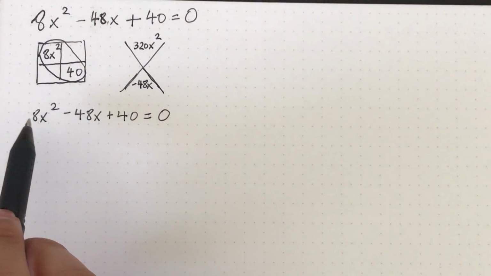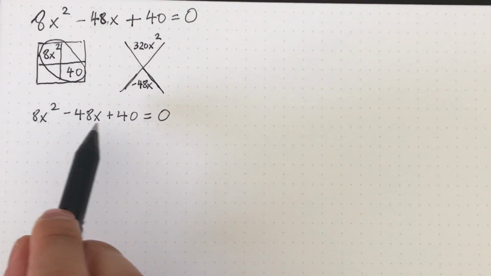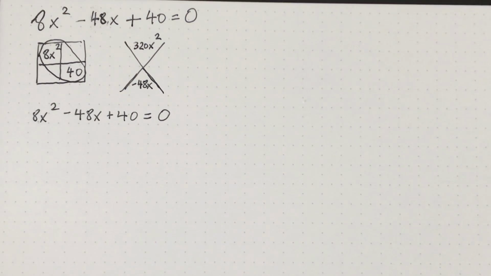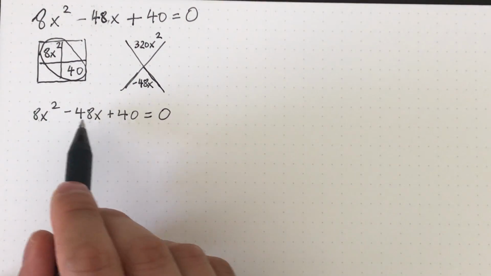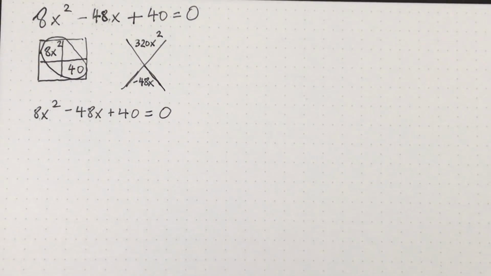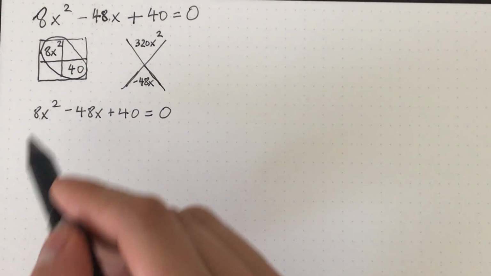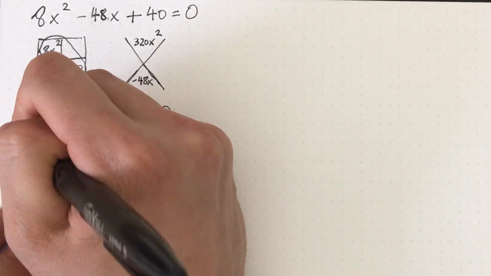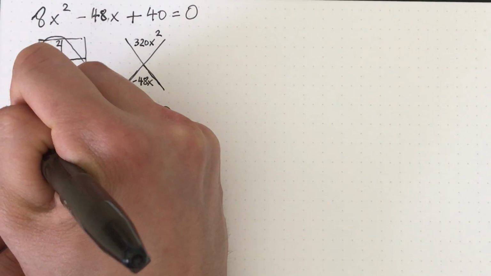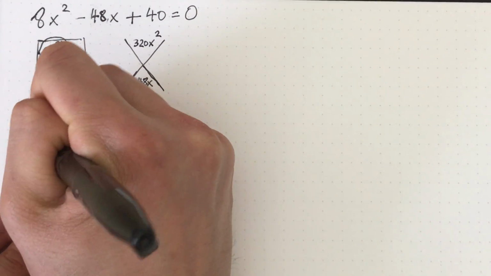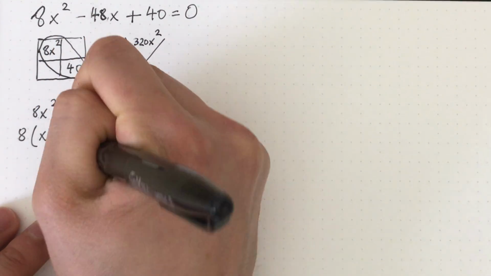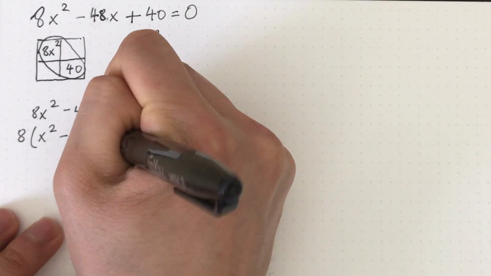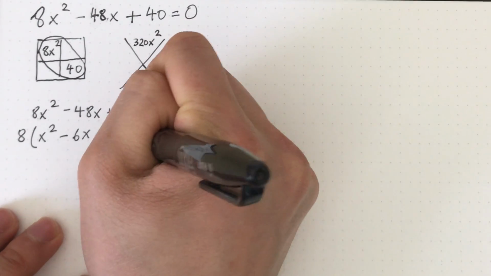I want you to notice these numbers: 8, negative 48, and 40. It turns out that you can divide out a common factor from each of these numbers. So what is the greatest common factor of 8, negative 48, and 40? You can factor out an 8. So I'm going to write 8 times the quantity x squared minus 6x plus 5 equals 0.